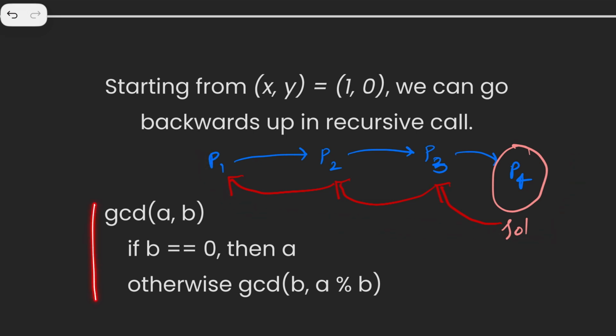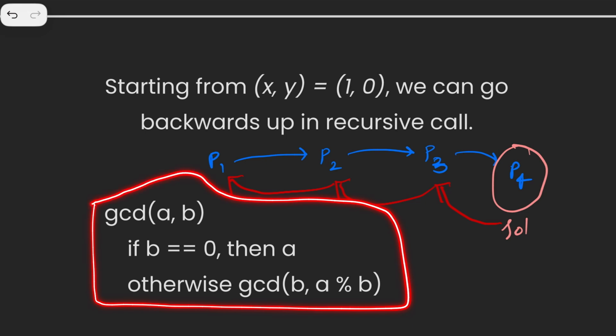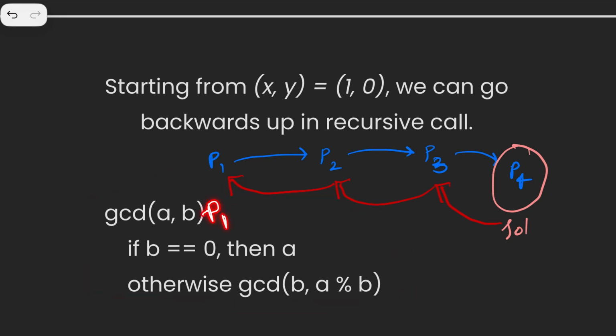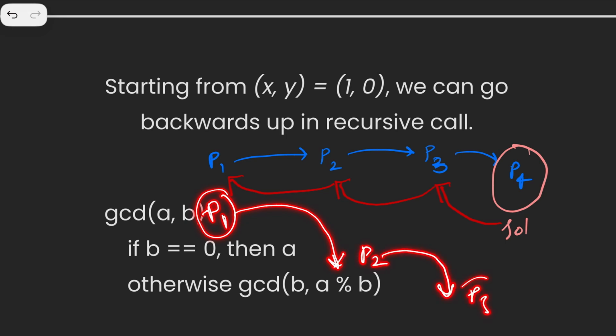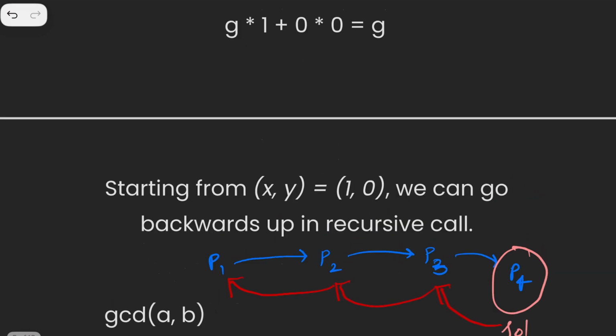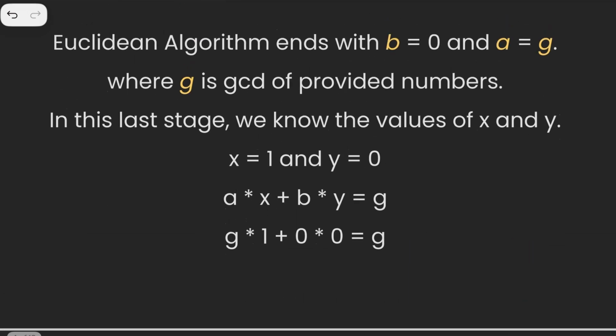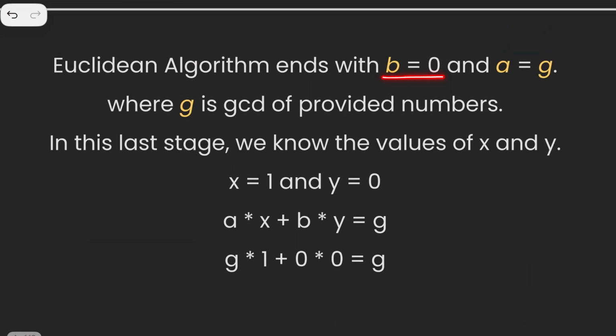So this is the normal Euclidean algorithm implementation. This is the original problem we have, P1. It gets reduced to this particular problem P2. Then it will get reduced to P3, something like that. And ultimately it will reach a state where we will have b as 0 and a as g. And for this particular stage, we do know the solution.